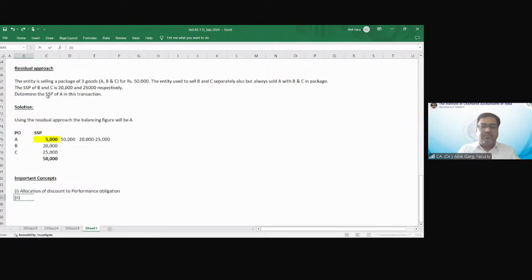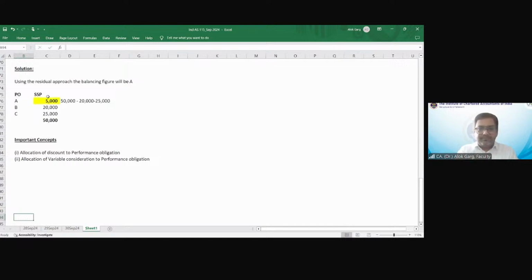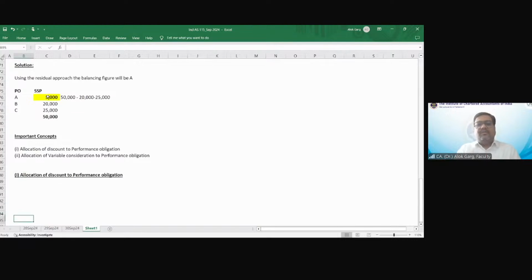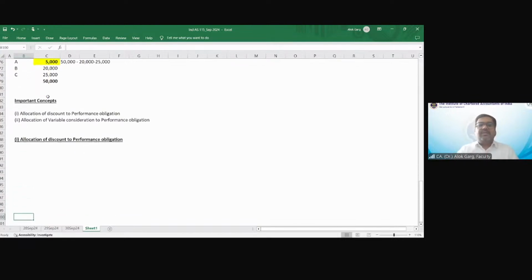Number two, allocation of variable consideration to performance obligations. Allocation of discount to performance obligation, allocation of variable consideration to performance obligation. Okay.